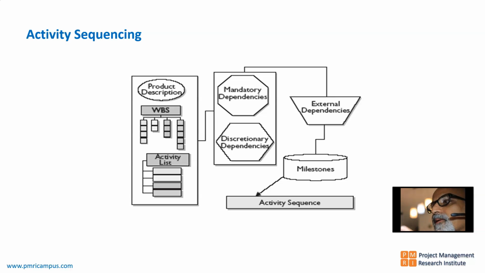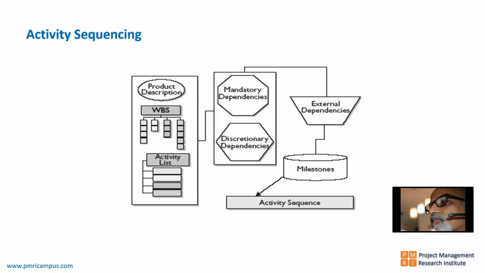As a project manager, I cannot do anything about it. It is non-negotiable. Similarly, there is mandatory internal dependency. That means after pouring concrete, I should give 8 days curing time. I cannot negotiate on that. So that is a mandatory internal dependency.